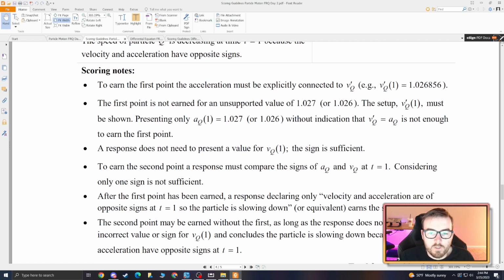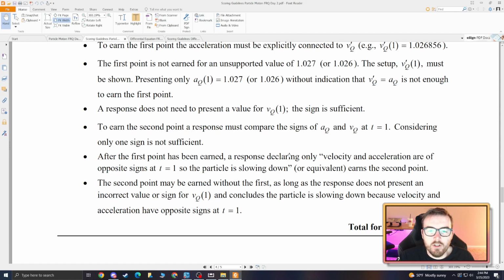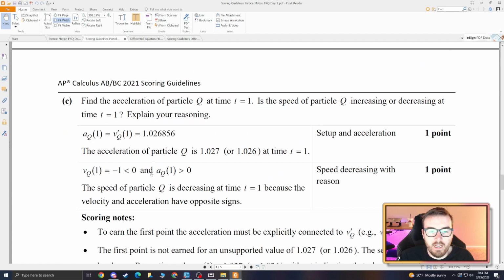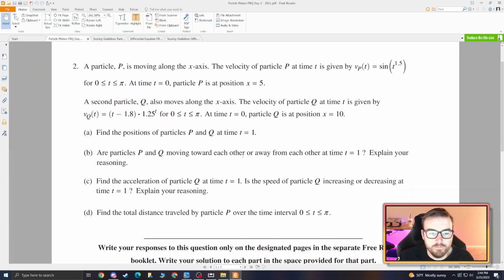To earn the second point, a response must compare the signs. Oh, right here. After the first point has been earned, a response declaring only velocity and acceleration are of opposite signs at t equals 1 earns the second point. So you don't have to be super extra about it and say everything again, right? I think that's the lesson to be learned here. You don't have to keep repeating yourself.